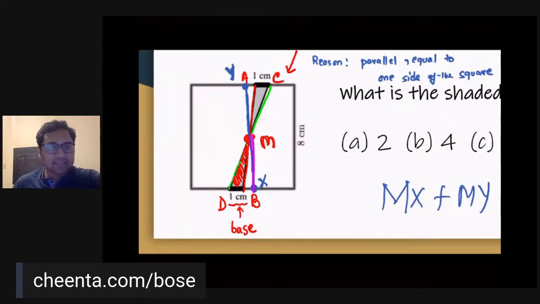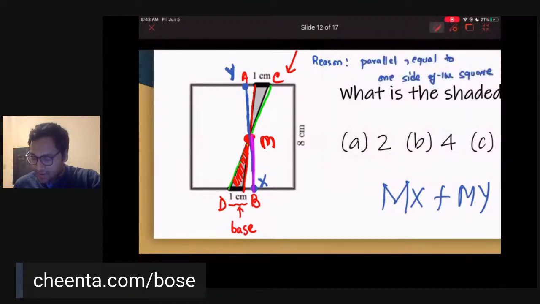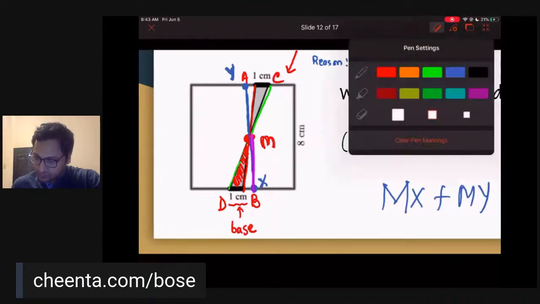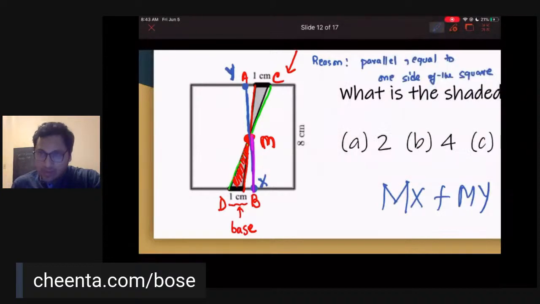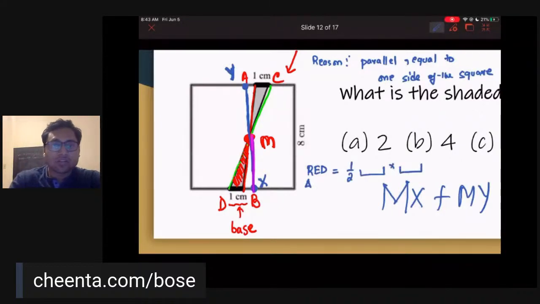Okay, great. Can anyone tell me now what is the area of the red triangle? I'll let you write here. Area of the red triangle is half times something times another thing.